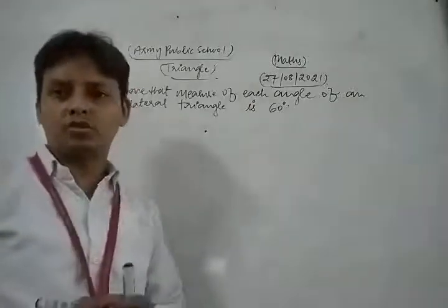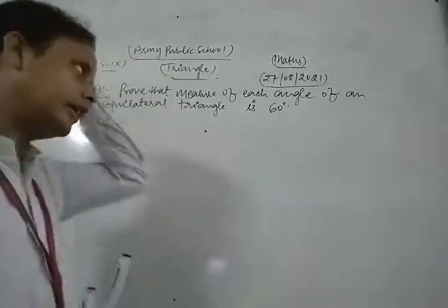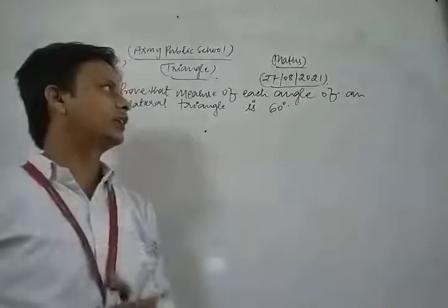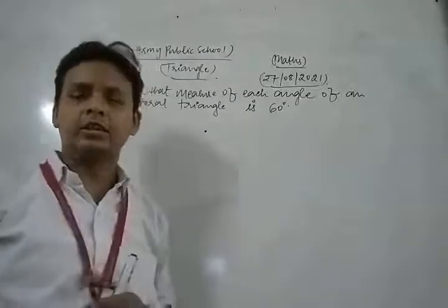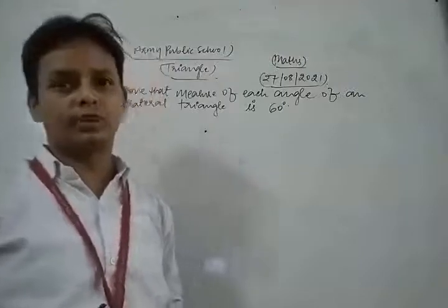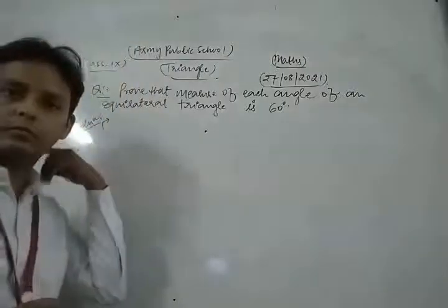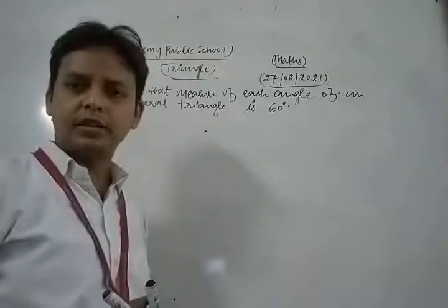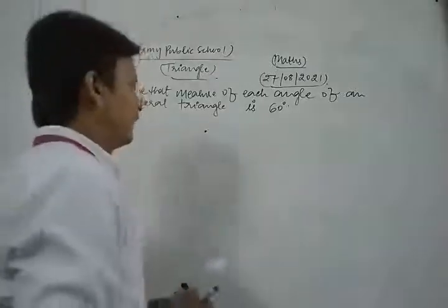What is the process to solve this type of question? Here we have to show that the measure of each angle of an equilateral triangle is 60 degrees. For solving this question, first of all we draw an equilateral triangle.